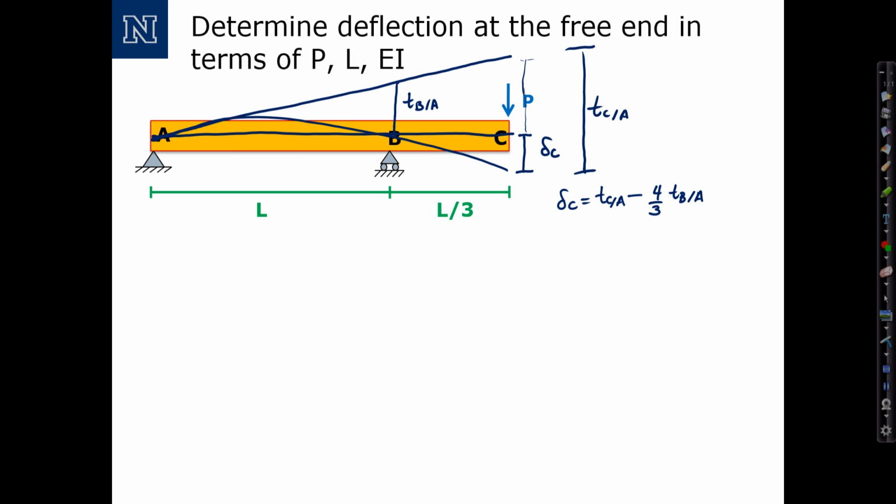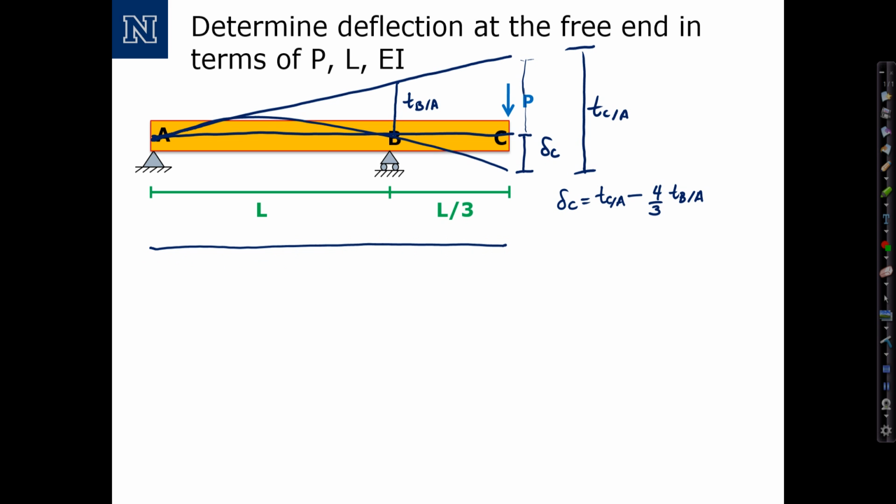In order to evaluate these terms, of course, we need the moment diagram. I'm going to take a big shortcut in drawing the moment diagram for this beam. Of course, the systematic approach always applies, and you're encouraged to use that when all else fails.